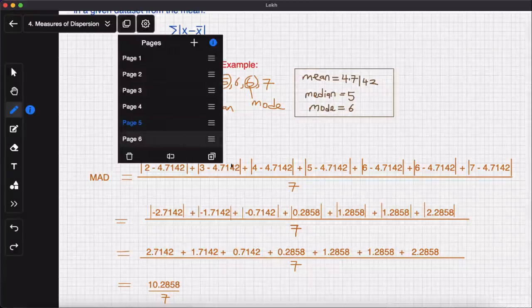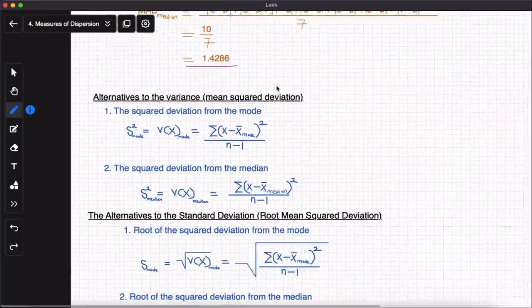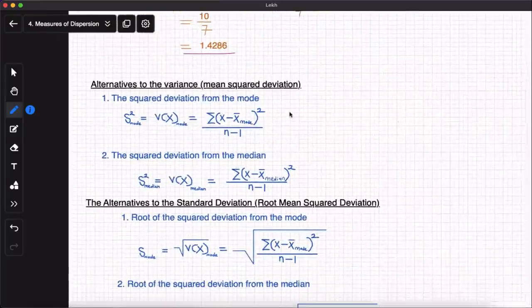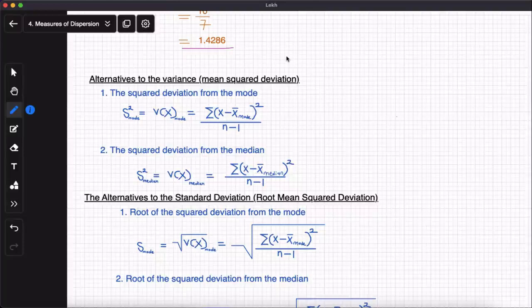All right, so we move on. Now, just like in the case of the absolute deviation, whether from the mean, median, or mode, we can do that. Now, I want you to know that the variance is actually called the squared deviation from the mean.